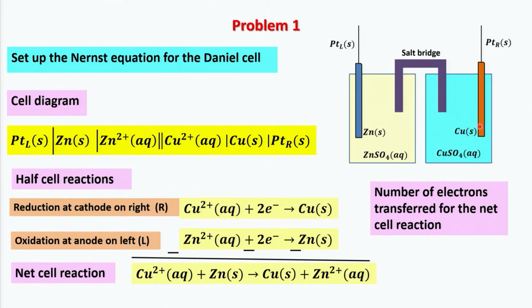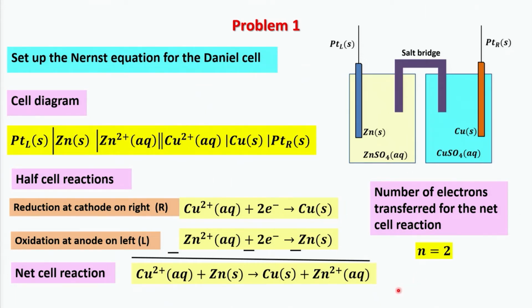That means in this region I have transferred 2 electrons. Similarly, when I look into the oxidation at anode, I see that there the solid zinc will leave 2 electrons on the electrode and go into the solution as Zn2 plus. So, what is the number of electrons transferred for the net cell reaction? 2 on the right and 2 on the left. So, that number n is equal to 2.